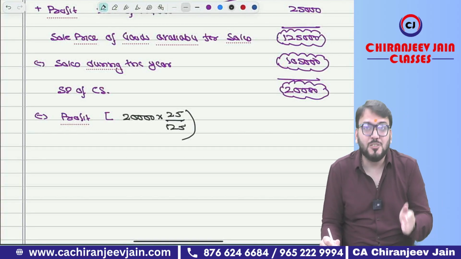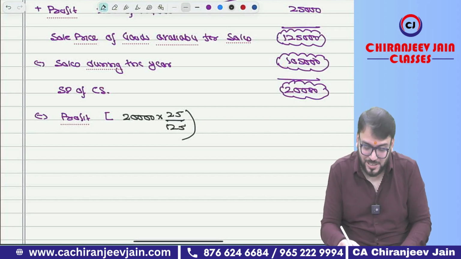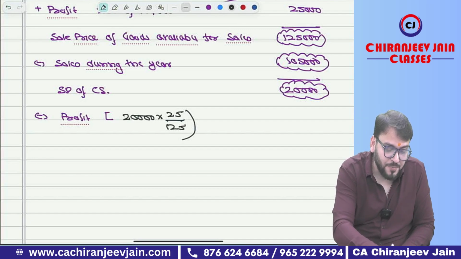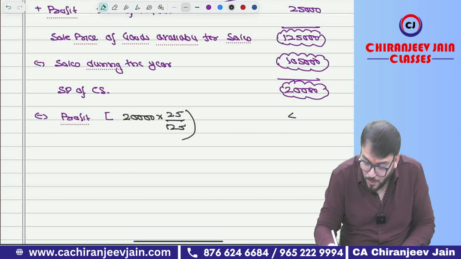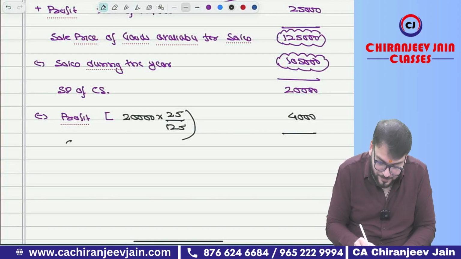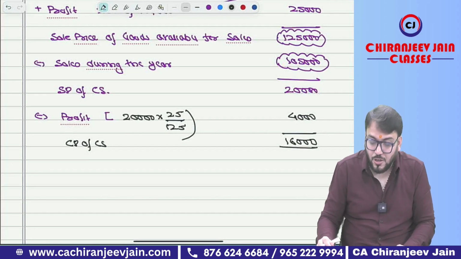This you have understood. Means 1 by 4 of cost is equal to 1 by 5 of sales. So 20,000 into 25 divided by 125, your profit will be 4,000, which is included in 20,000. So what is the cost price of closing stock? The cost price of closing stock is 16,000. Got this point?